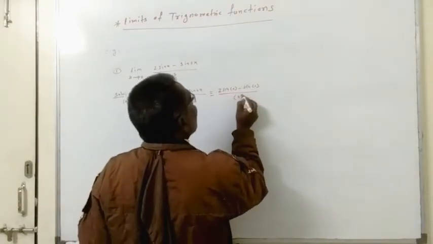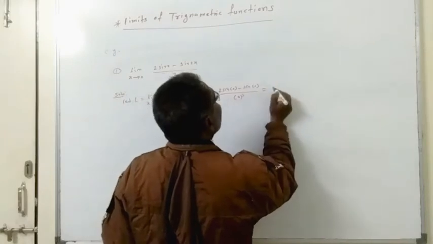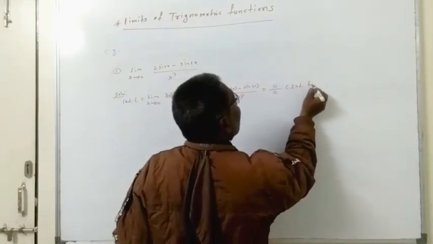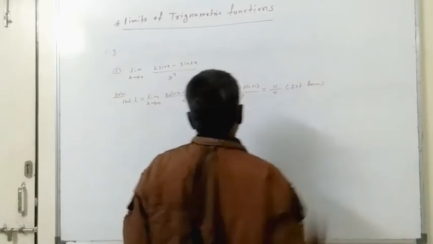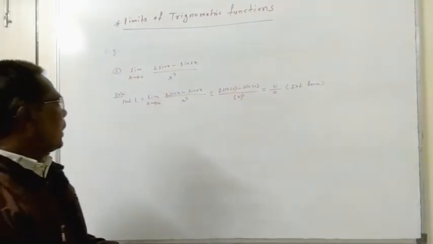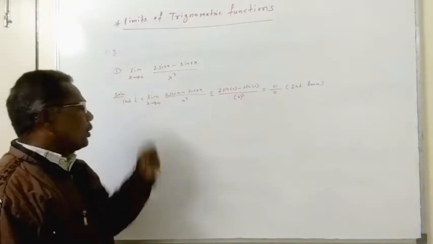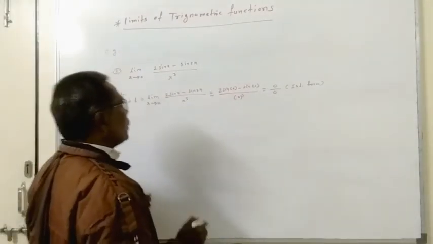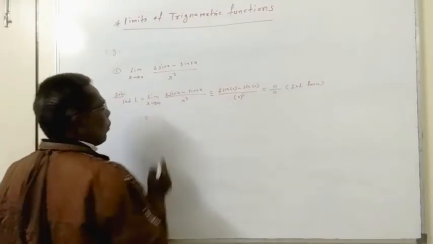So sin 0 is 0, so 0 upon 0 is an indeterminate form. The meaning of that is the direct method fails, that is, the function value at x equal to 0 does not exist here. Now to find this value, we will go to other methods.